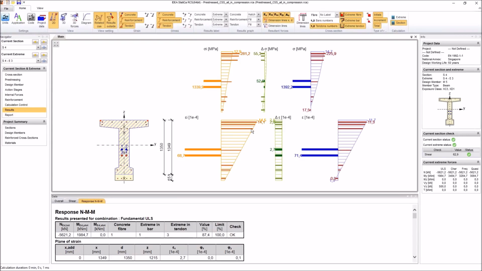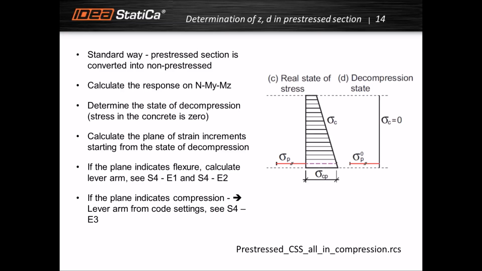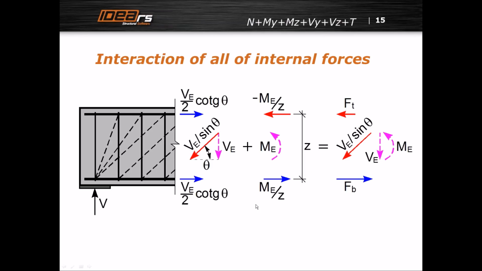You can see the last session for the explanation of the initial state. So this is only an explanatory picture, not an exact picture, because this is not a decompression state. We calculate it, but we do not display it. Okay, so this is the explanation of how we determine Z and D in pre-stressed sections. Actually, this was a difficult task for us to derive.